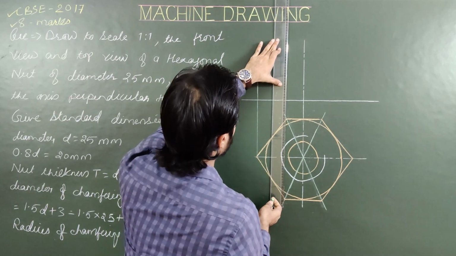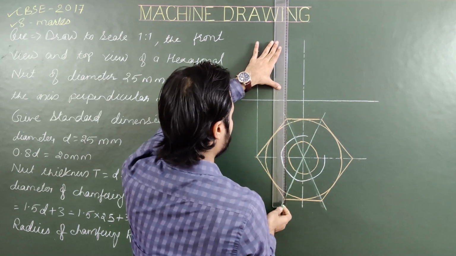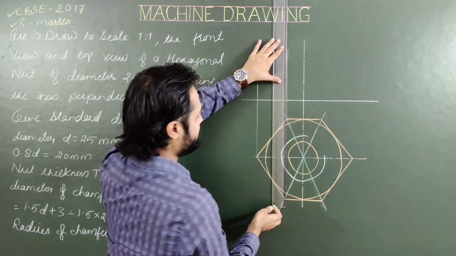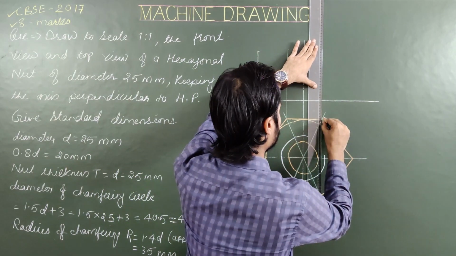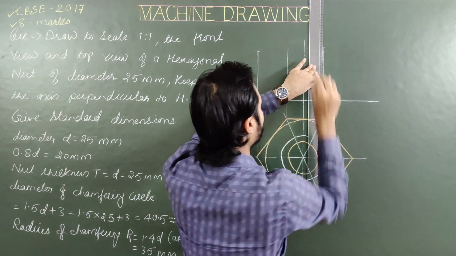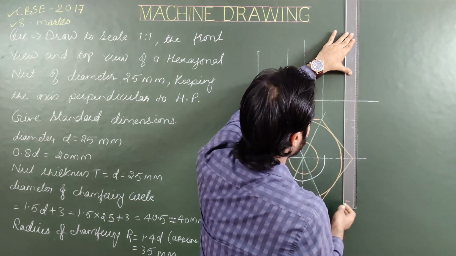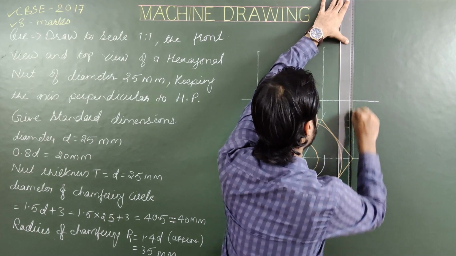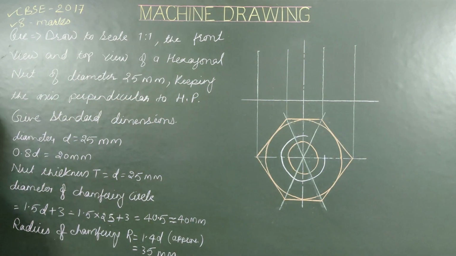Again, from the second corner, project this point, and the height is 25. From the third corner, project it, height is 25, and from the last corner, height is 25. T is equal to D equal to 25.